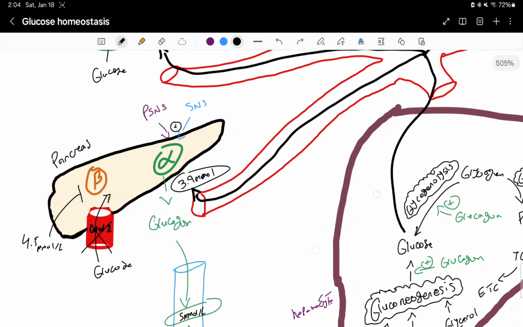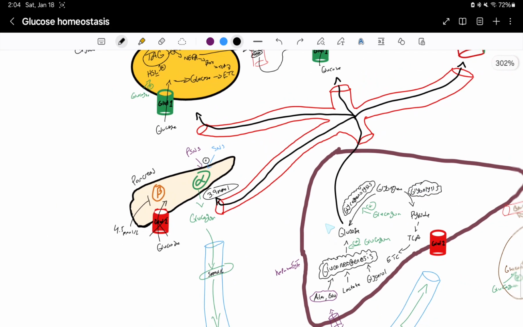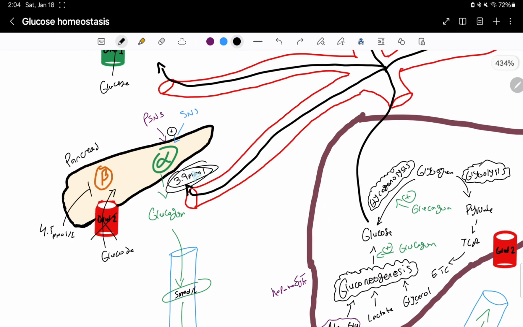Okay? And obviously, once glucagon has done its job and restored blood glucose from 3.9 to 5, glucagon release will then be inhibited again. And there's this constant cycle of maintaining blood glucose at this 5 millimoles.